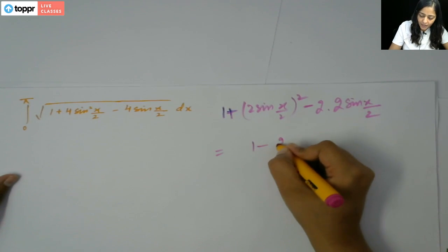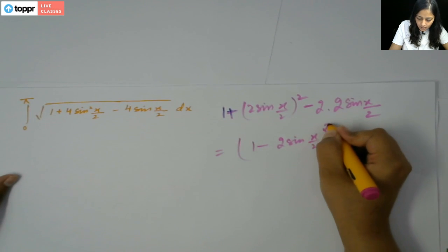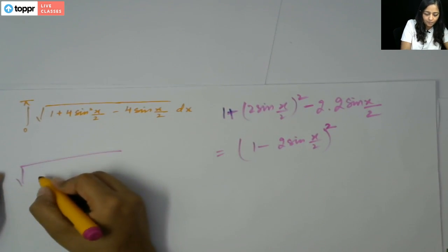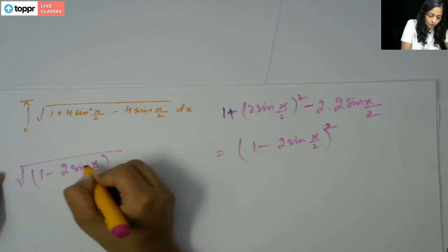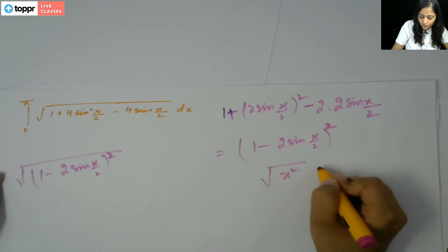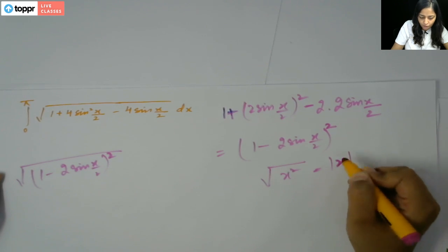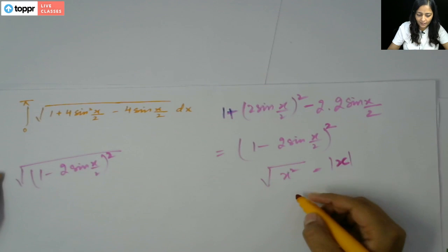So this is 1 minus 2 sine x by 2 whole square. So the under root of this can be written as 1 minus 2 sine x by 2 whole square. And now since we know that under root of x square always gives us mod x, we have to check whether in the interval 0 to 2 pi this is positive or negative.